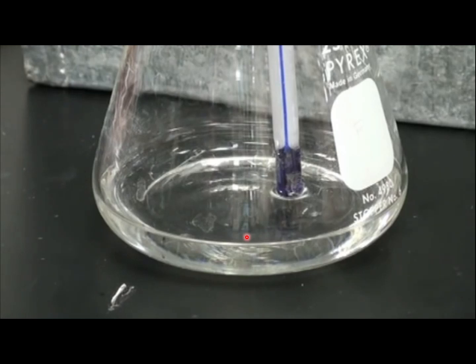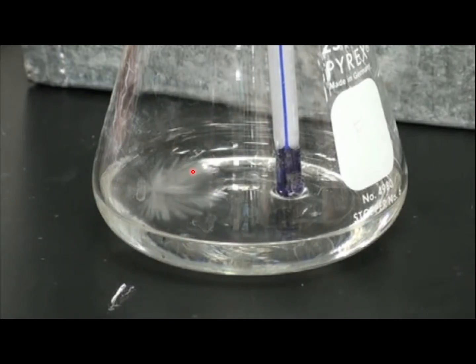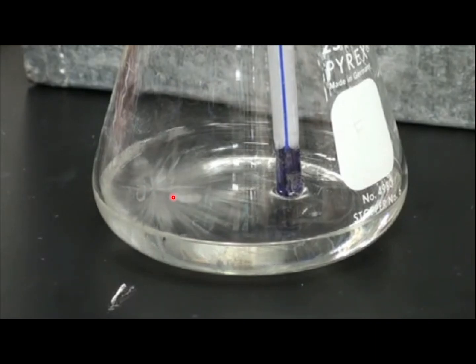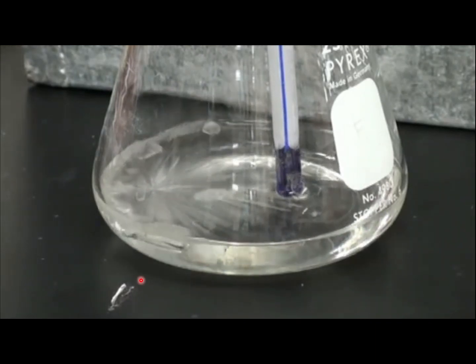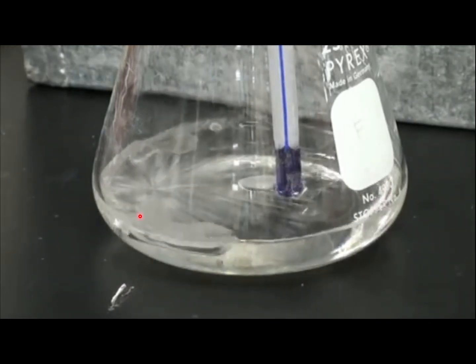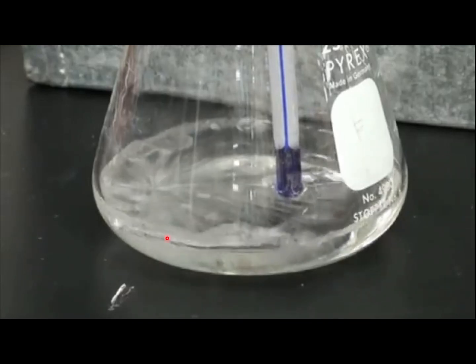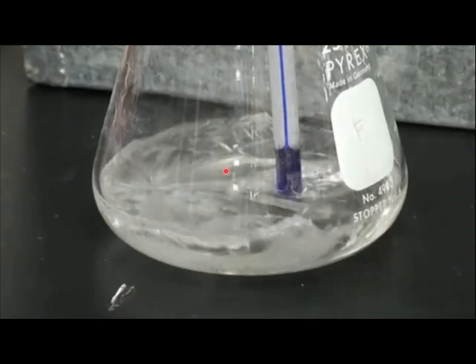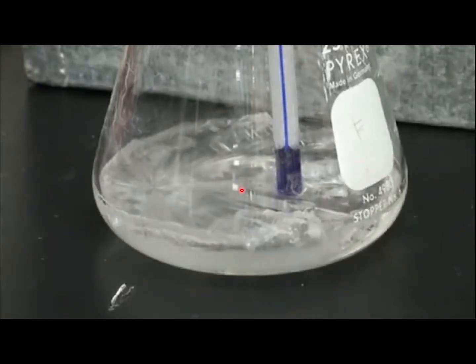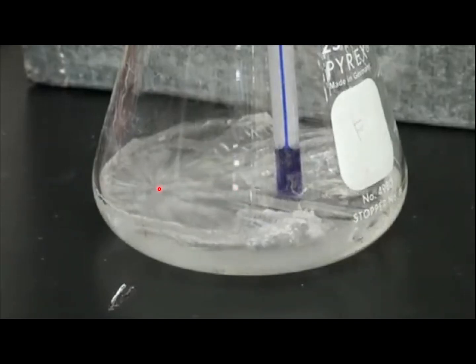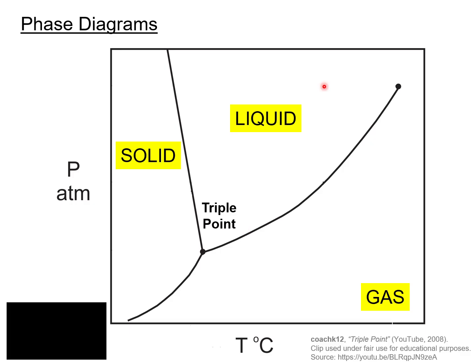And so now it's just getting colder and colder because we removed all of those high energy molecules. At this point, we can see that we're starting to form a solid. You can tell it's a solid because you can't see through it. But at the same time, the tert-butyl alcohol is starting to bubble. So we have all three states of matter in the same place at the same time: solid, liquid, and gas.